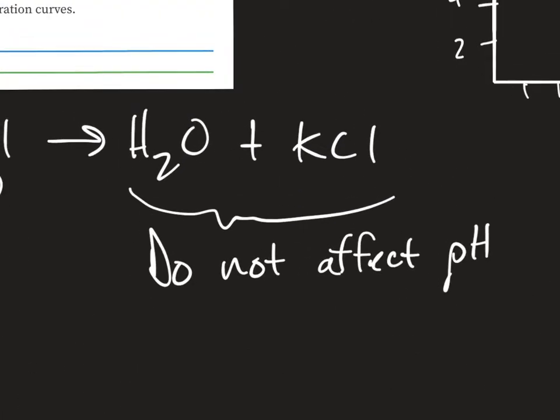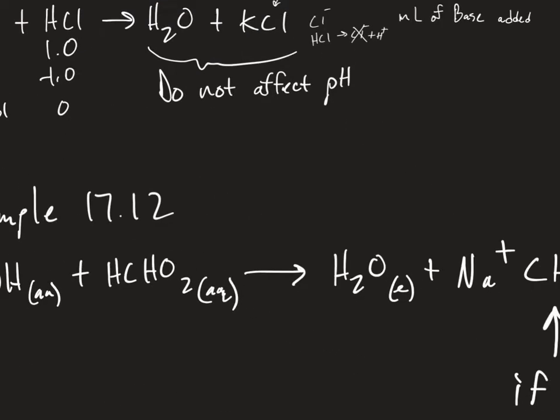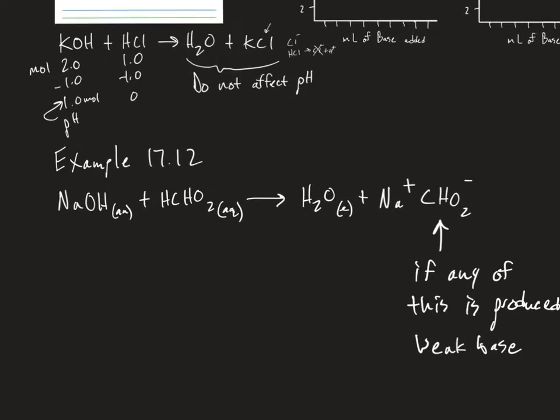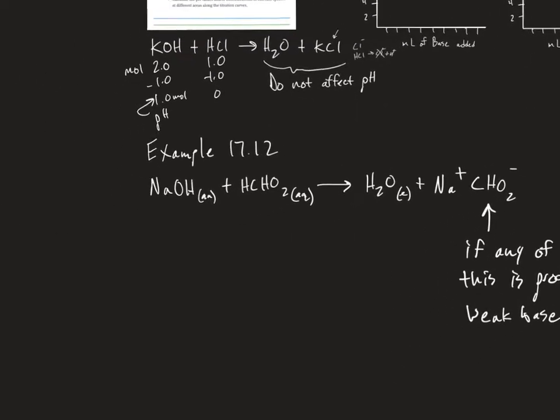Up here, though, in KCl, Cl minus is the conjugate base of HCl. This is not a good base at all. It's not a weak base. So that doesn't affect our pH. However, this one does. So let's consider this problem, example 17.12, with that in mind.